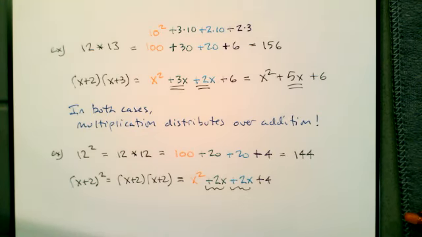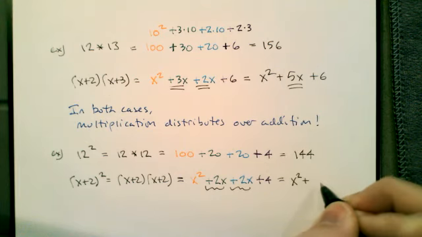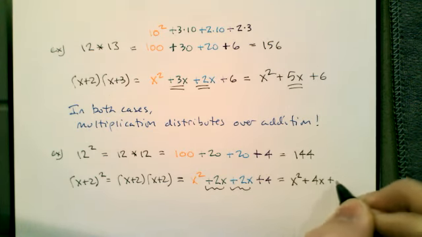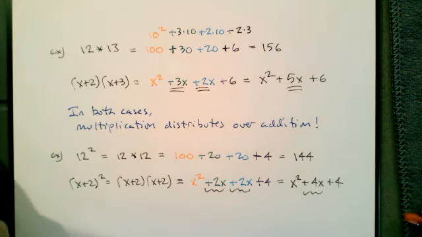We only add things that are the same, and when you add them, it doesn't change what they are. So I'll add the like terms, because that's sameness in polynomials. And our polynomial looks like x squared plus 4x plus 4. Any questions?